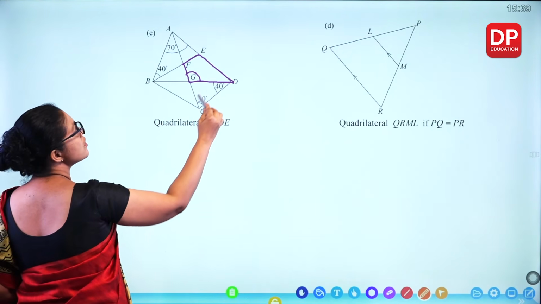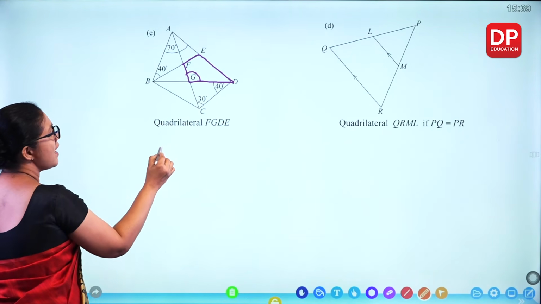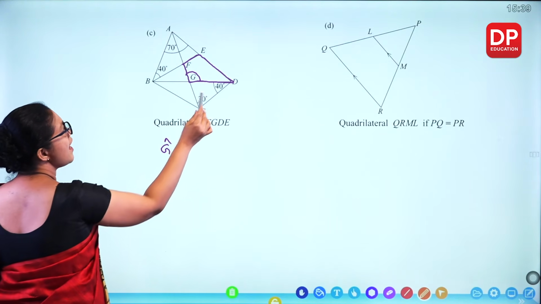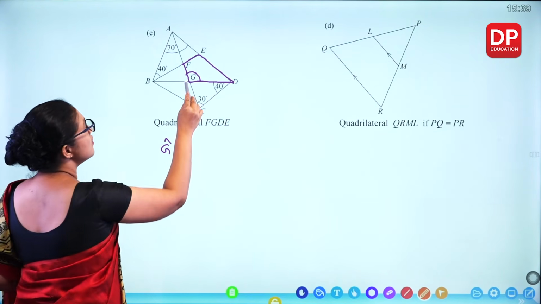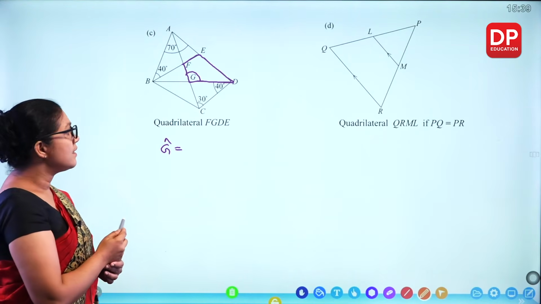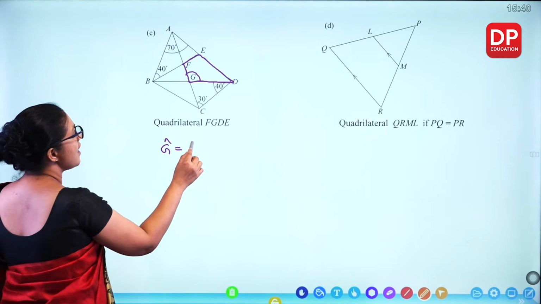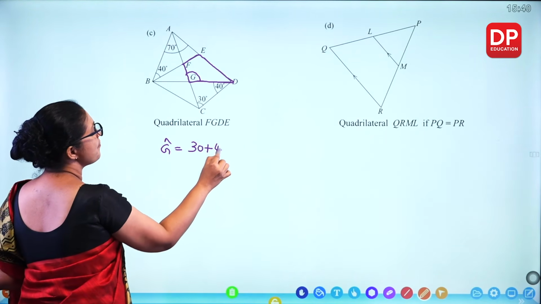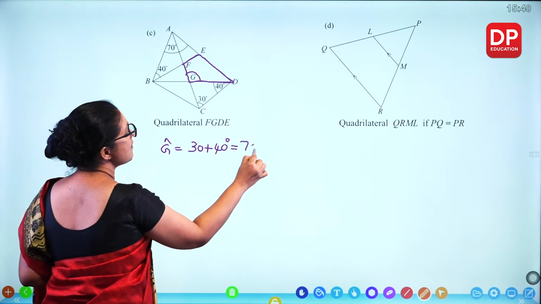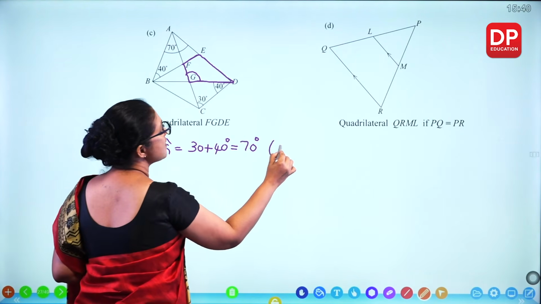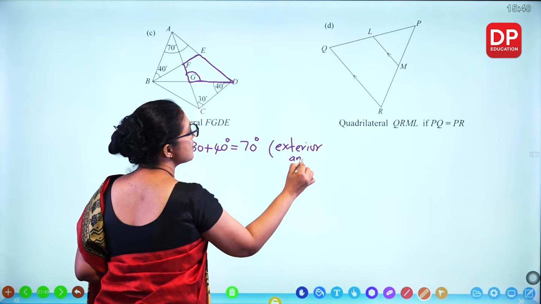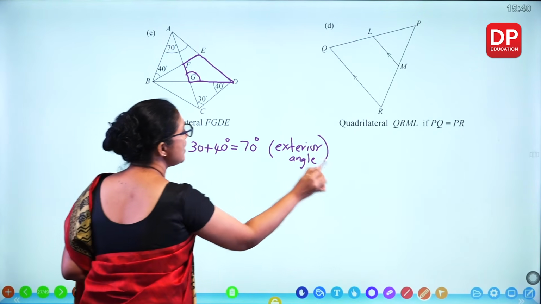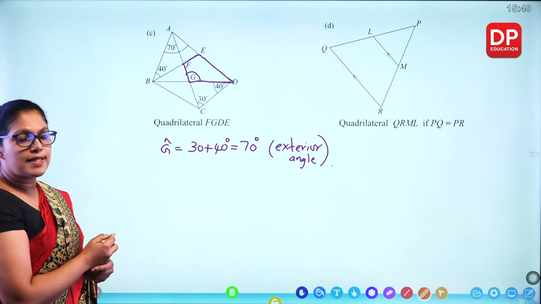What can you say about G angle? G angle is the exterior angle to these two angles, GCD triangle. So G angle you can write 30 plus 40, that's 70. Exterior angle is equal to the sum of opposite angles.